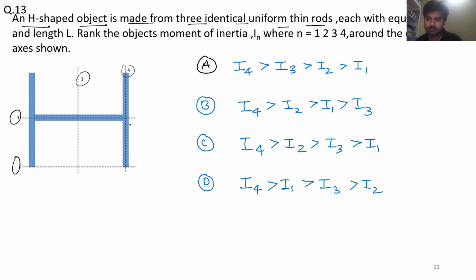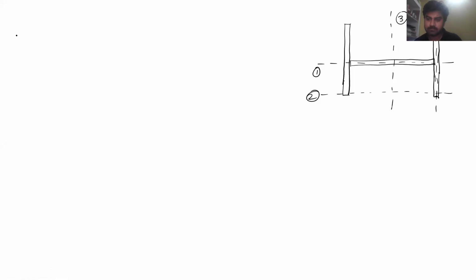Okay. So if I talk about axis 1, okay, let me draw it. Okay, this is a diagram, right? If I talk about the I1 axis, see, this is the I1 axis, right? Now, parallel to this axis is of course this rod.